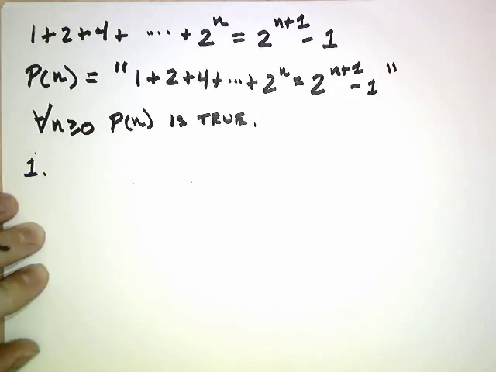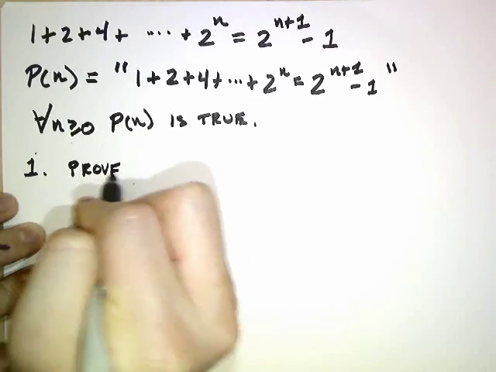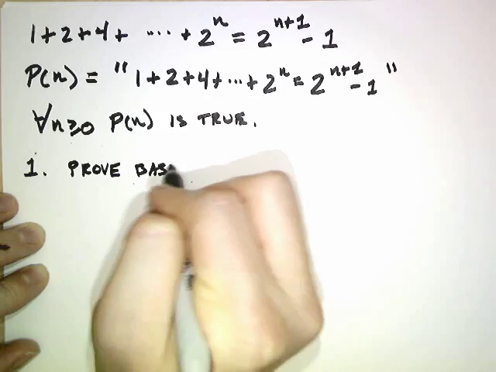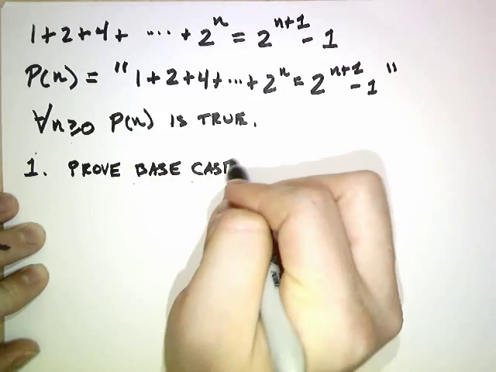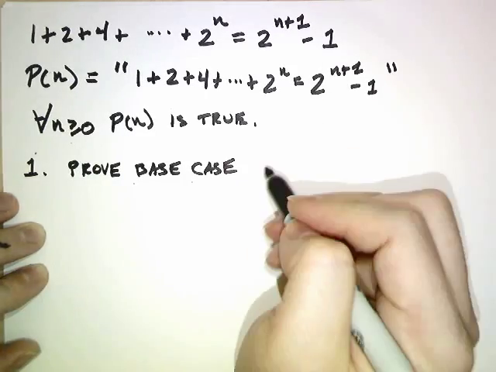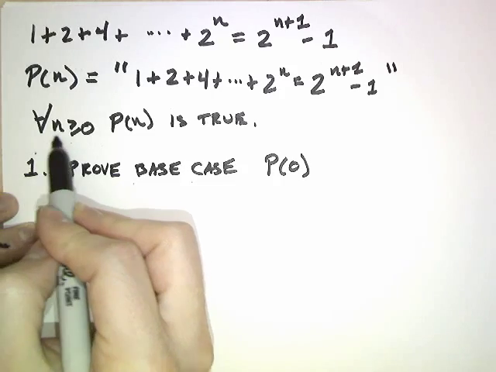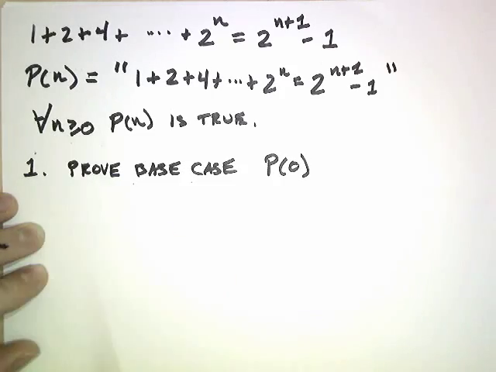So the first step in any proof by induction is to prove the base case. What's the base case in this setup? Well, it's P(0), because we want to show that for all n greater than or equal to 0. So 0 is the first case.